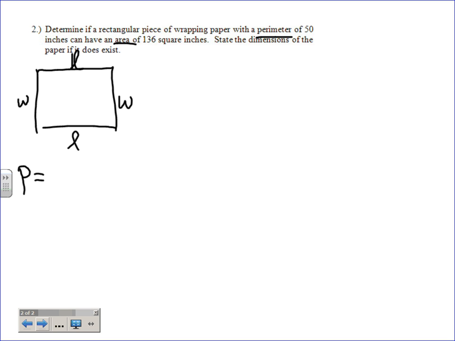How do you find the perimeter of a rectangle? Kind of add them all up, right? So basically L plus W plus L plus W. So in other words, 2L plus 2W, right? Agreed? And then we also know that for an area, we take length times width. So we know those two.